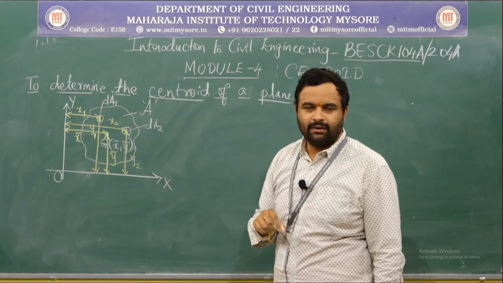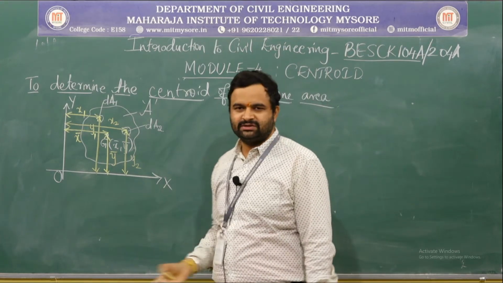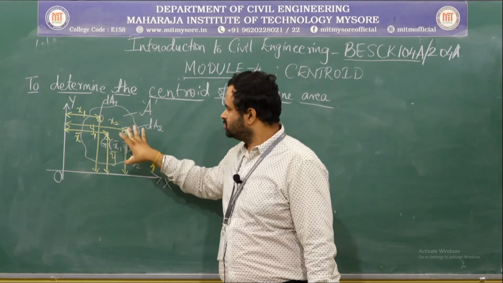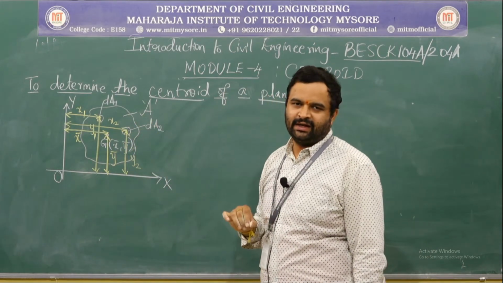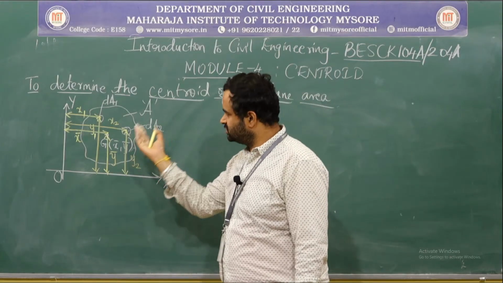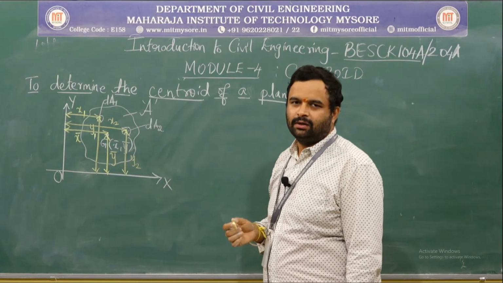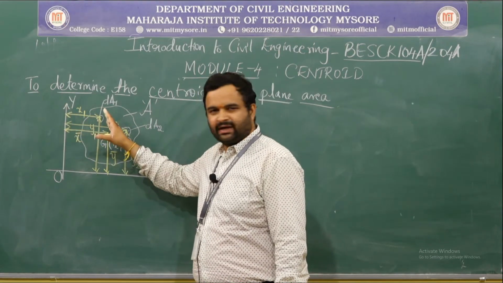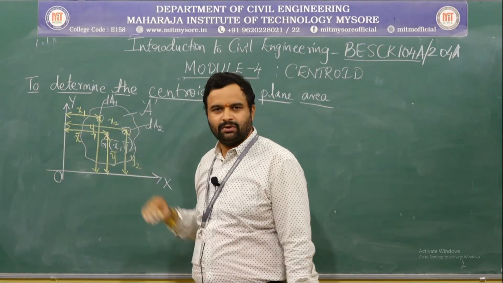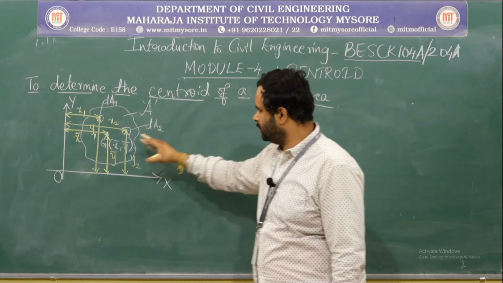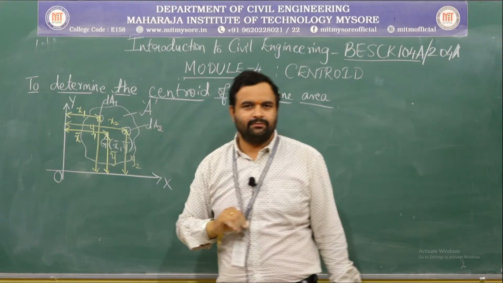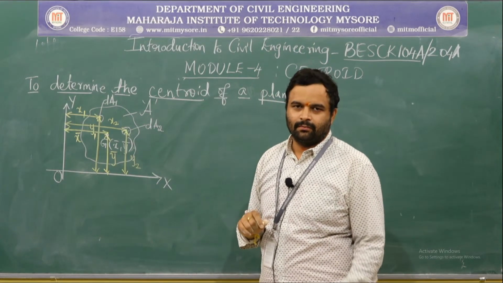I have divided this into a number of components, and considered only two smaller areas dA1 and dA2, whose x and y components are as shown in this figure. The x1 is measured with respect to the y axis, y1 with respect to the x axis. Similarly, for dA2, x2 is measured with respect to the y axis, y2 with respect to the x axis.